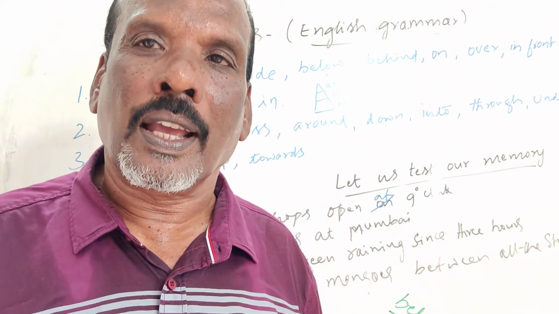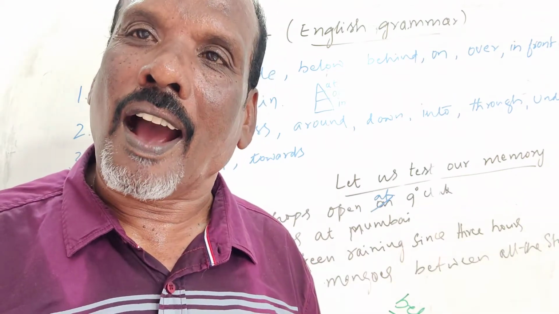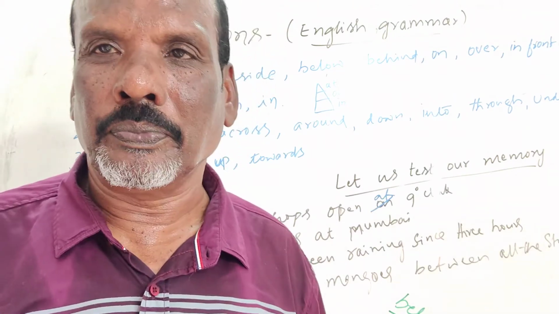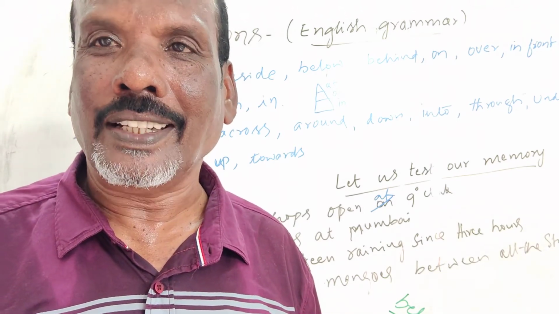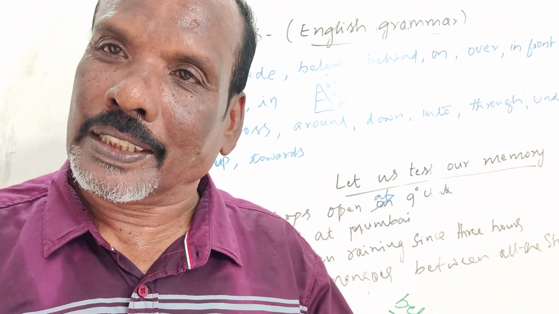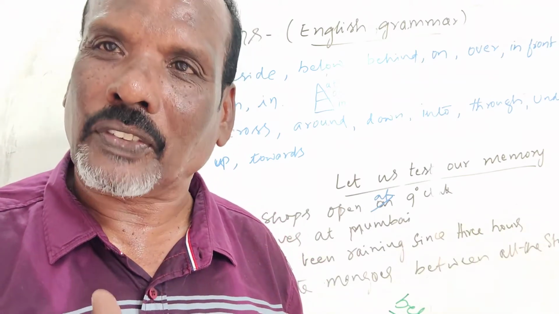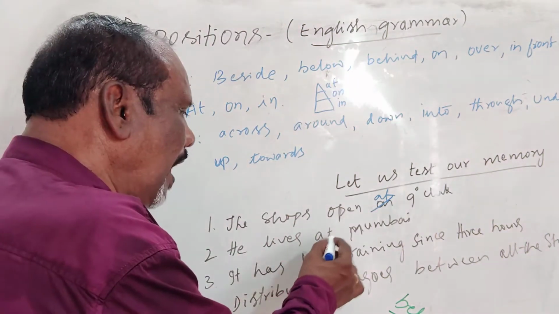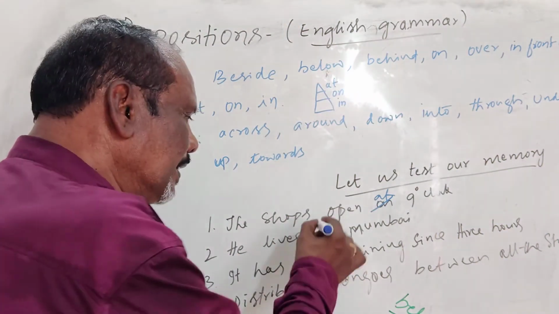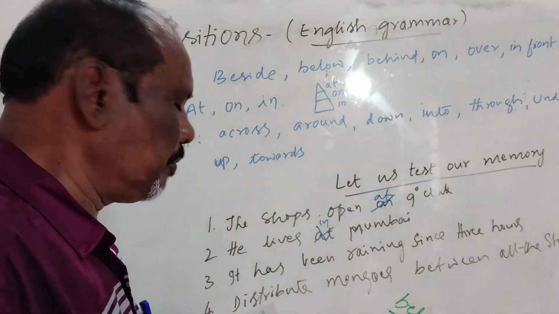Say for example, I purchased a pen at a shop in Bengaluru, right? So Bengaluru represents a larger area, whereas a shop represents a smaller area. He lives at, it's wrong, he lives in Mumbai.